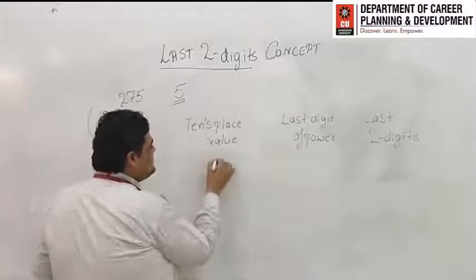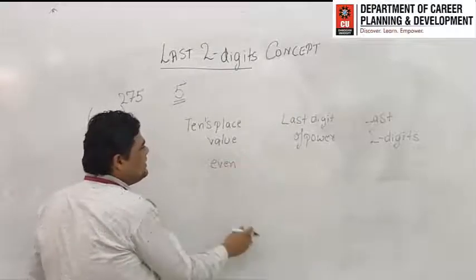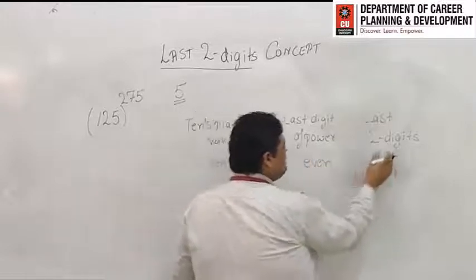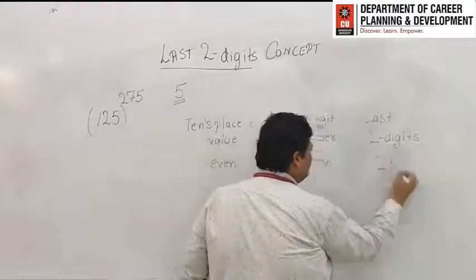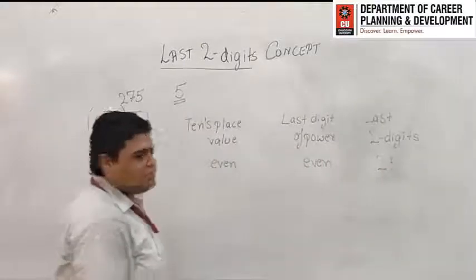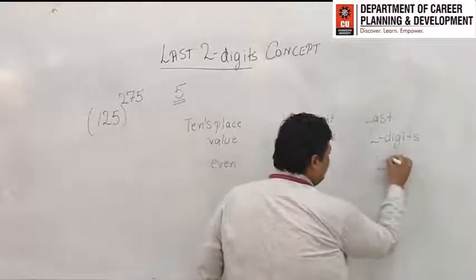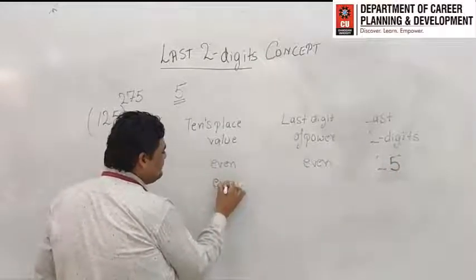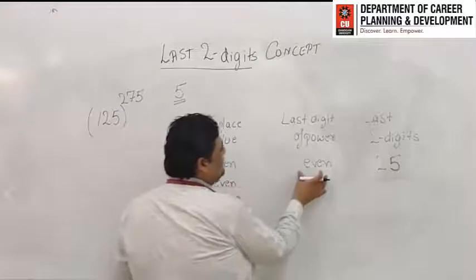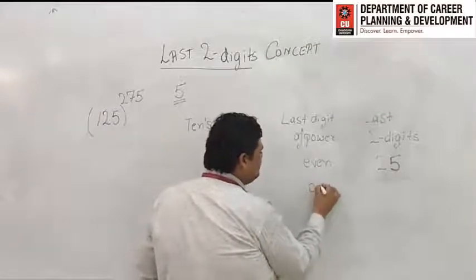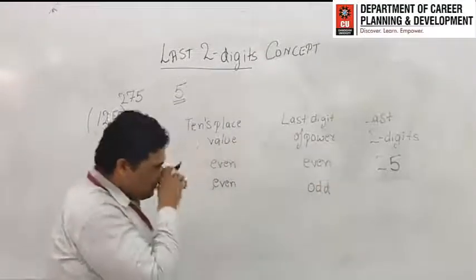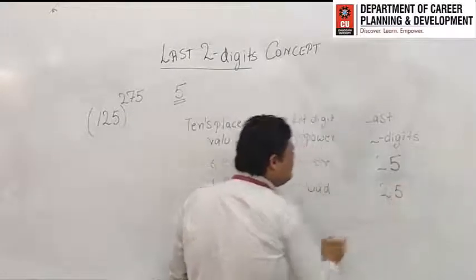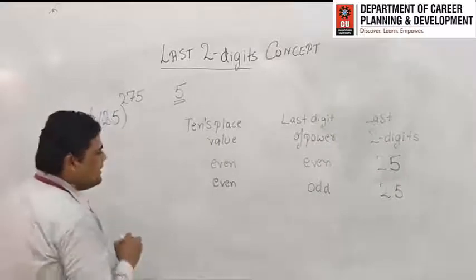If the tens place value is even and the last digit of the power is also even, then the last two digits will be 25. This is the definite value. If the tens place value is even and the last digit of the power is odd, then it will again end with 25.